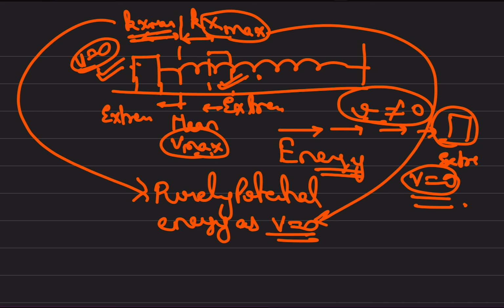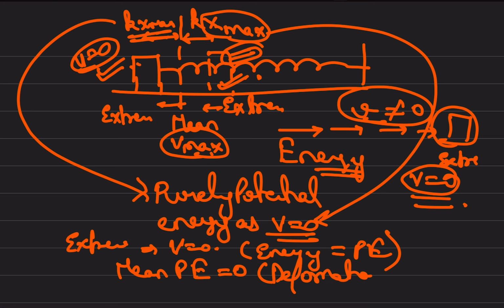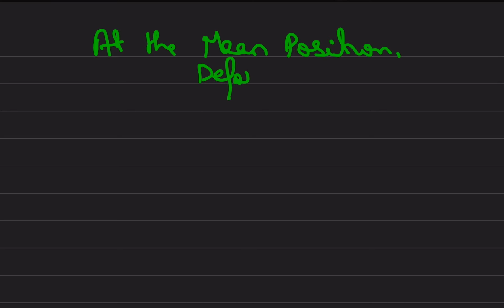So when it is at one extreme position, its velocity is equal to 0, and the energy is equal to potential energy. When it is at the mean position, its potential energy is equal to 0, as deformation is 0. So at the mean position, deformation is 0, so potential energy is equal to 0.